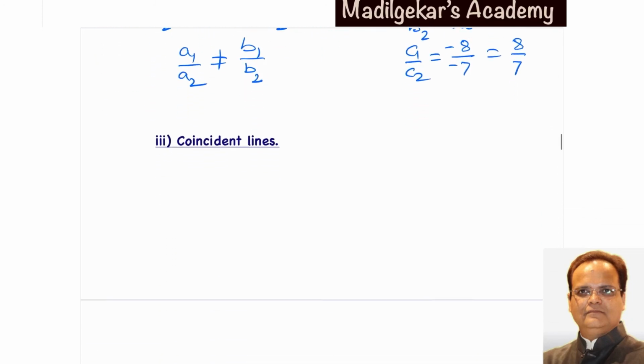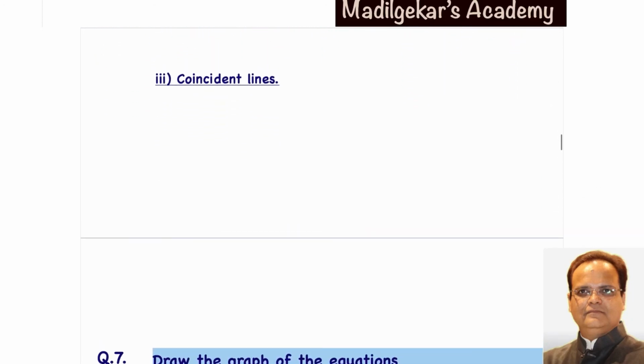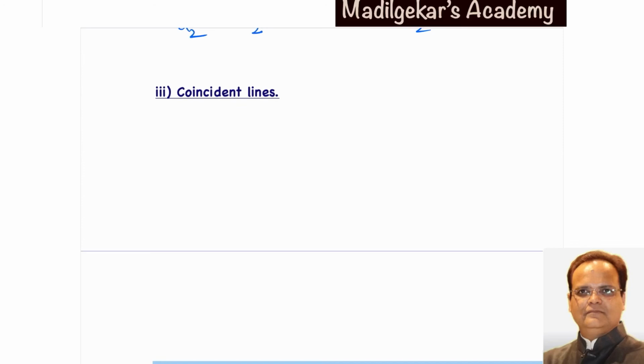Third, coincident lines. The condition for coincident lines is that all three ratios must be equal: a1 upon a2 equals b1 upon b2 equals c1 upon c2. As the given equation of the line is 2x plus 13y minus 8 equals 0, just multiply by any non-zero number.